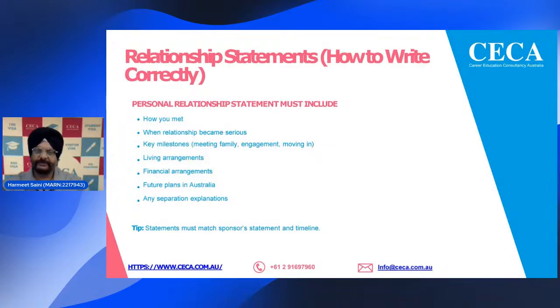If you were previously married, you must attach your divorce certificate as well. All these statements must be mentioned in your relationship affidavit. Most importantly, the statements must match the sponsor's statements and timeline, because both of you have to share the same sort of statement when lodging with the department.